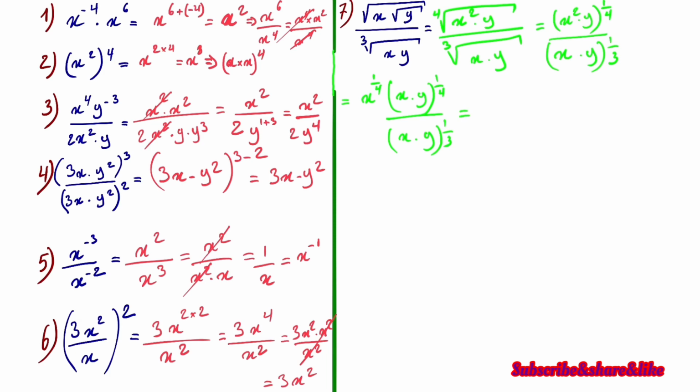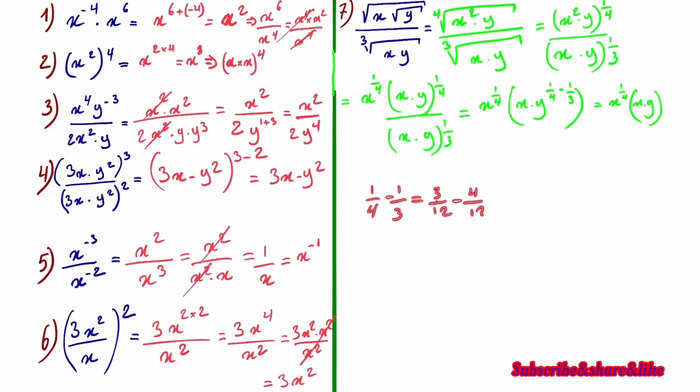And now we do the subtracting, it will be x to the 1 over 4 times x times y to 1 over 4 minus 1 over 3. And if we see, 1 over 4 minus 1 over 3 is equal to 3 over 12 minus 4 over 12, and that gives us minus 1 over 12. So this is the answer for that one.